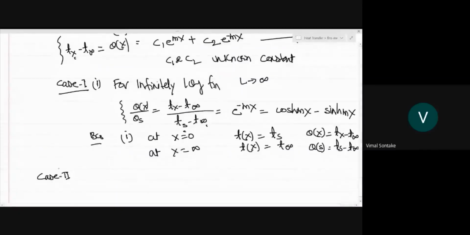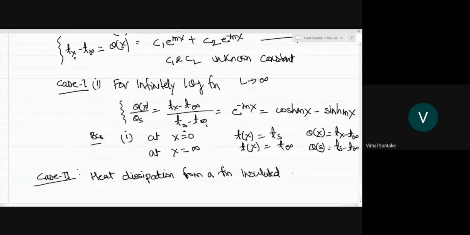Now case number 2, heat dissipation from a fin insulated at tip. Now this can be case number 2.